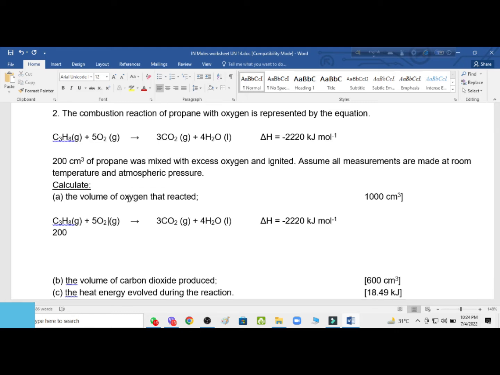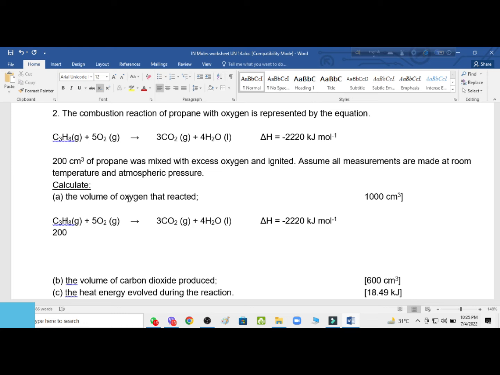Now you learn this. This is gas and this is also gas. Mole ratio is 1:5, right? And remember, for only gases, mole ratio and volume ratio are the same. If this is 1 mole, then its volume is 24 dm. If this is 5 mole, then its volume is 5 into 24 dm.